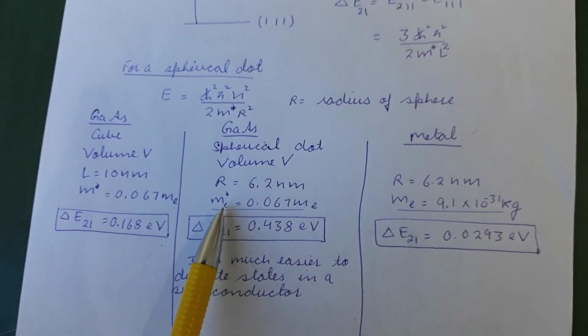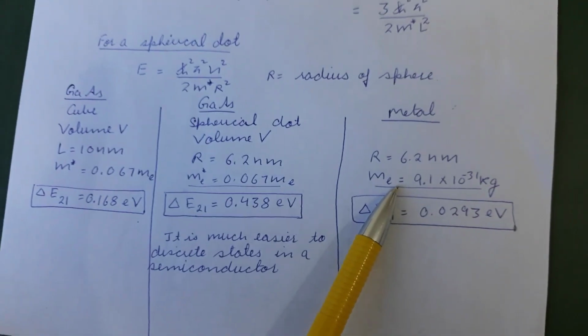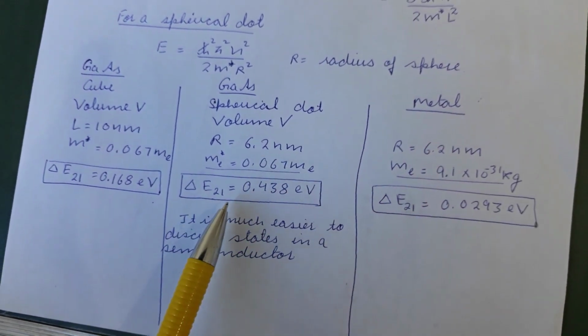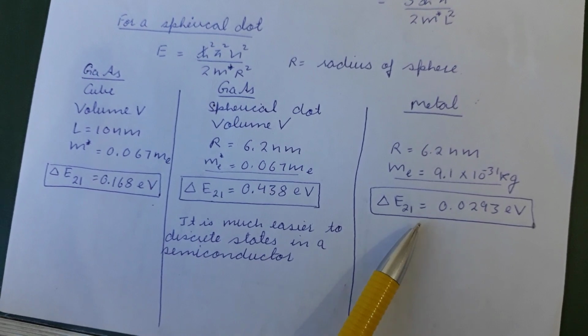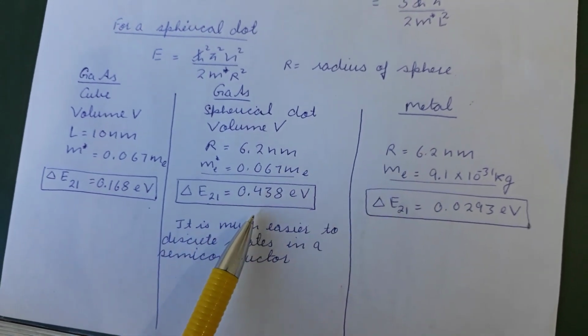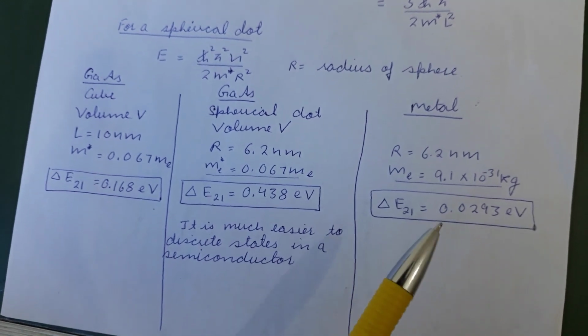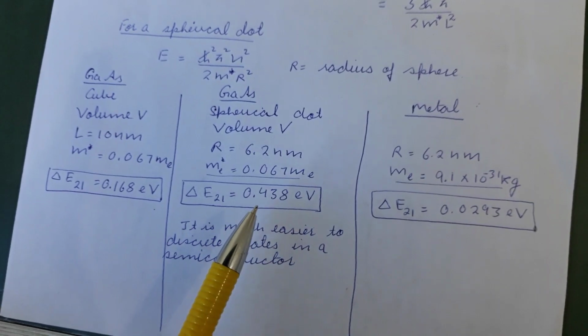Here it will be the effective mass, while in the metal case it will be the free electron mass, because in metals electrons are considered to be free. So we see that the difference in energy will be much smaller in metal as compared to semiconductors. So it means it is much more difficult to get discrete energy levels in metals as compared to semiconductors.